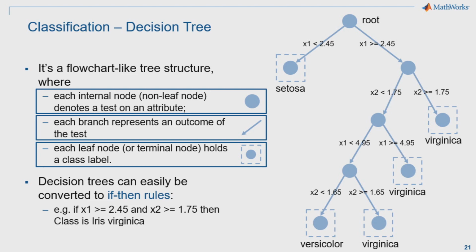So as you can see from the picture, if this node represents a test on the attribute x1, which is one of the predictors, if x1 is larger than or equal to this threshold, then you should go in that way, meaning that for a sample of your dataset you should look for its label in this direction.